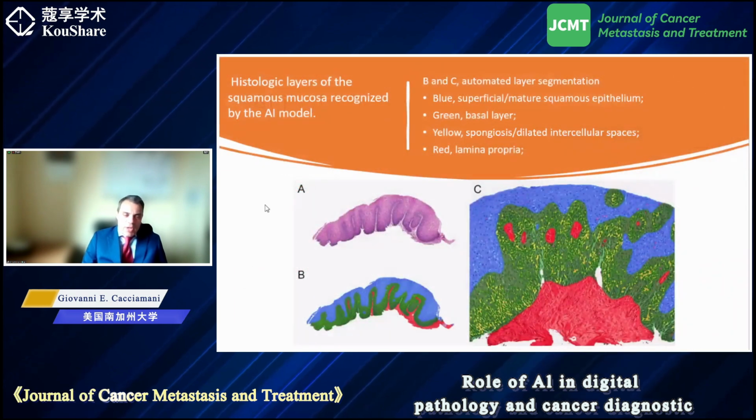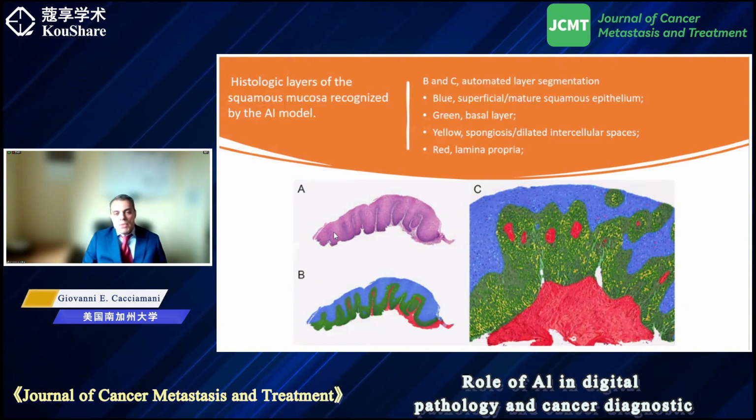But now, giving you a couple of examples of how artificial intelligence and digital pathology can work. Here we have squamous cell mucosa, and how can we train our system to differentiate cell types?